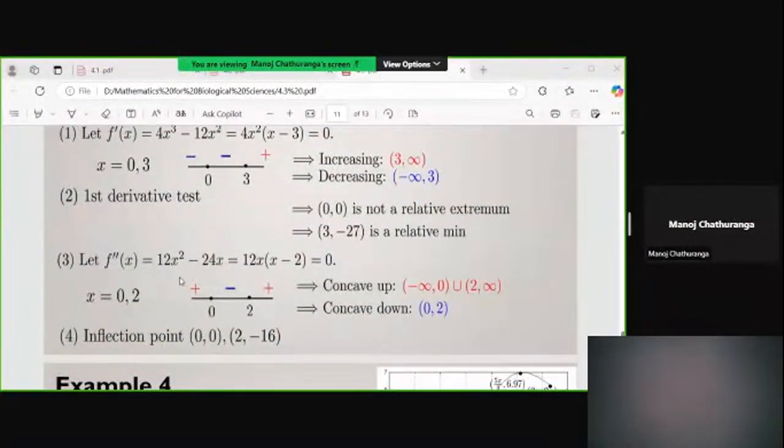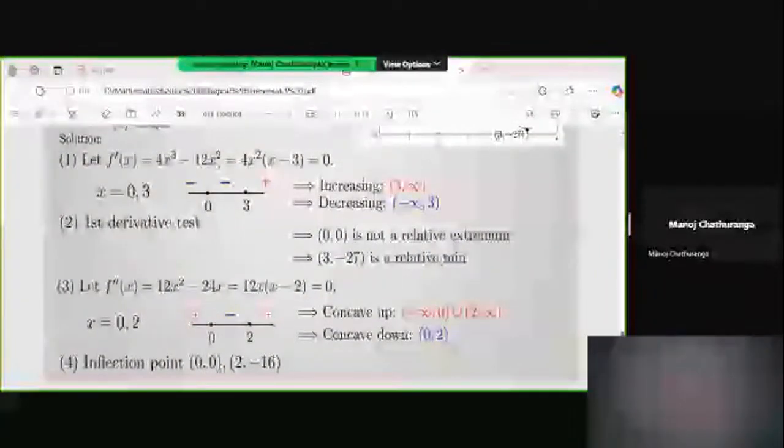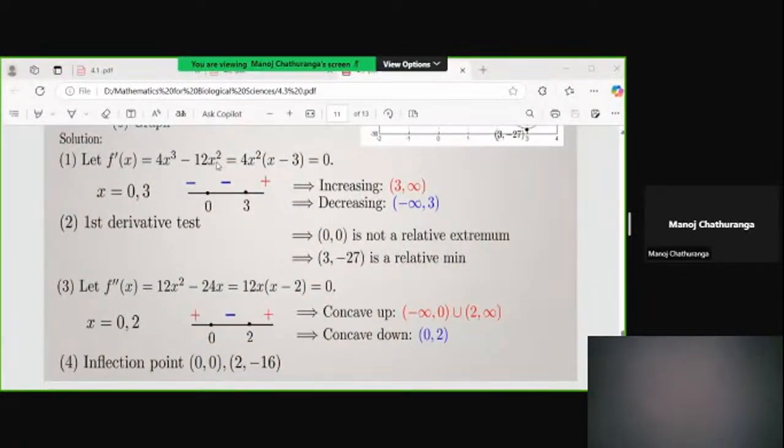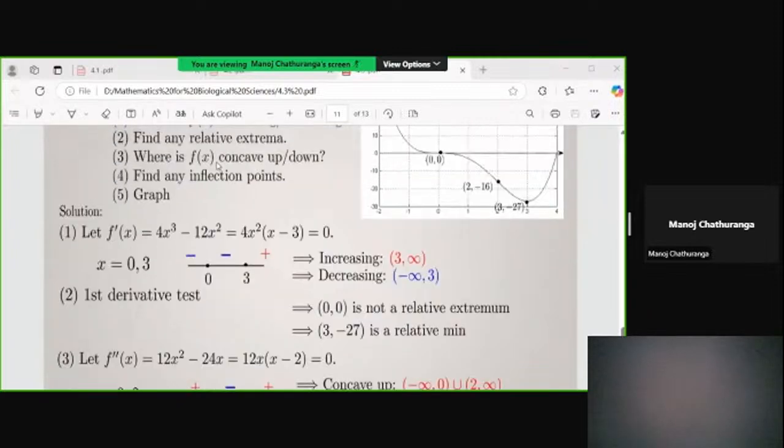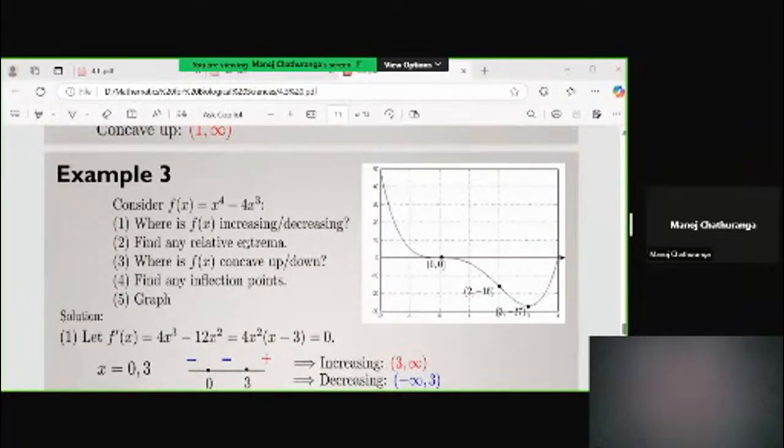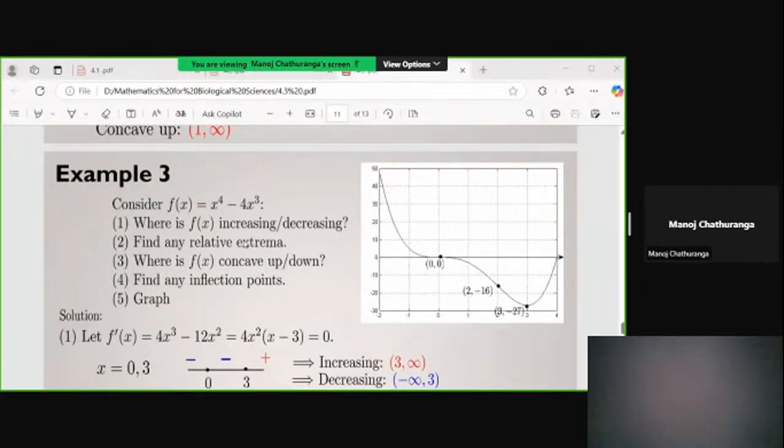You can also compute the second derivative. Take the first derivative and differentiate it one more time. You'll get 12x squared minus 24x. So that's what you should compute as the very first step.